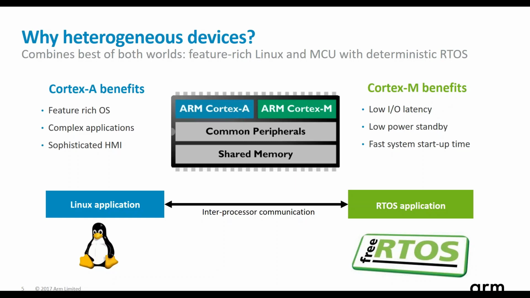Cortex-M processors have very low I/O latency. They have very low power compared to the Cortex-A, and they're very fast to start up, because we don't have the burden of a Linux kernel needing to boot up. Normally, on the Cortex-M processor, you will run an RTOS. It could be RTX, it could be FreeRTOS. It really depends on what you need.